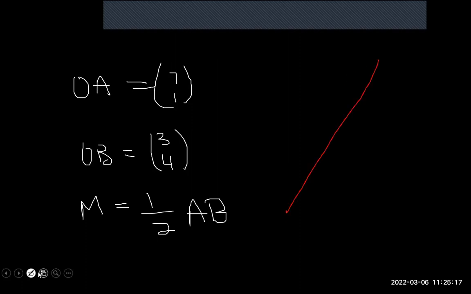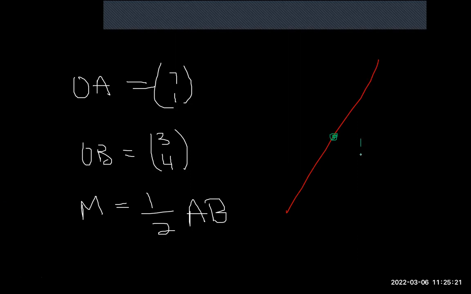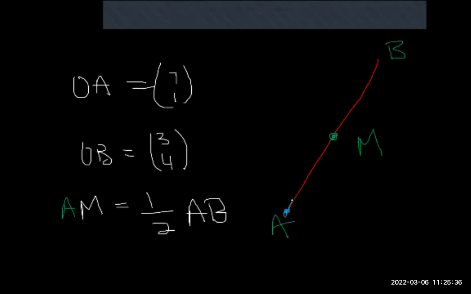If I have a line, and I tell you that this point here is the midpoint of the line, so it's directly in the middle of this line AB, then this vector here, from my point A to this point M, is going to be a half of this entire vector AB.